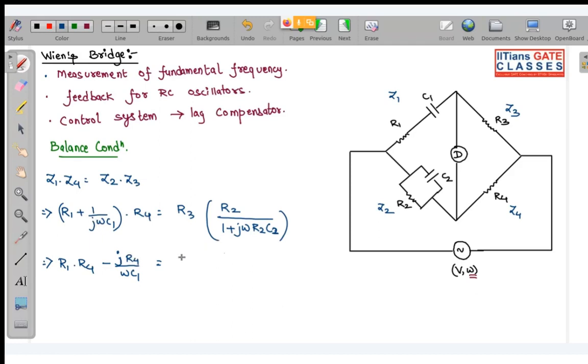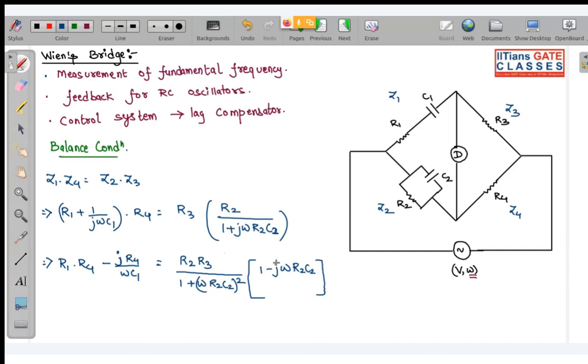Fine, and this will be R2 R3, 1 plus omega R2 C2 whole square, and this will be 1 minus j omega R2 C2. Okay, let me check once. Yeah, everything is fine.